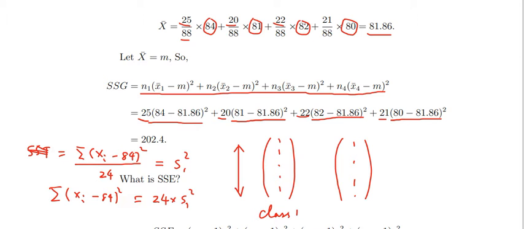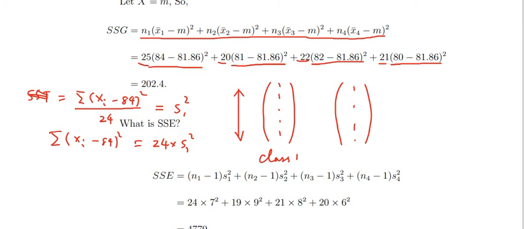So this is SSE, this part from class 1, then from class 2, then from class 3. So we have this formula. This number is just n minus 1. So n1 minus 1 multiply S1 square, like 24 multiply 7 square, plus 19 multiply 9 square, where 9 square is the variance.